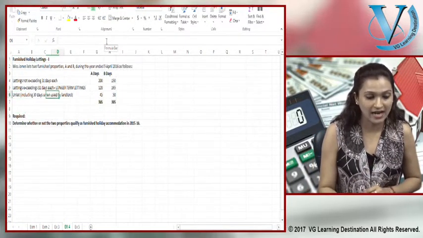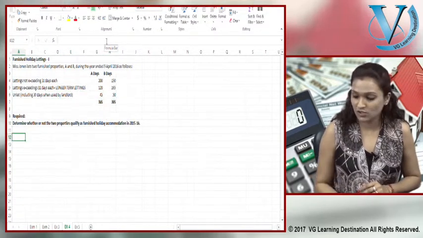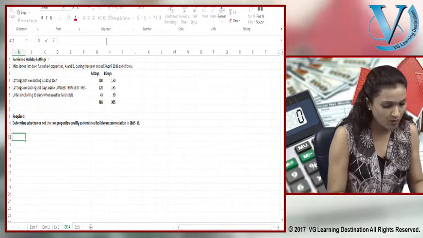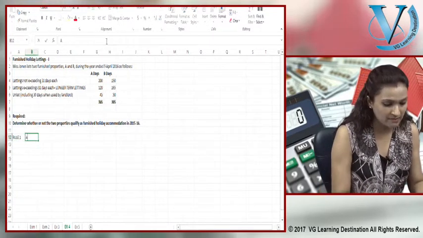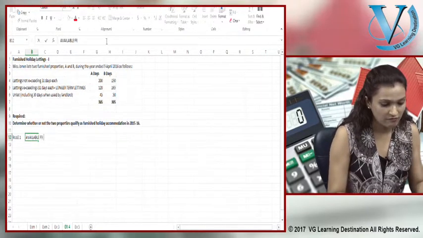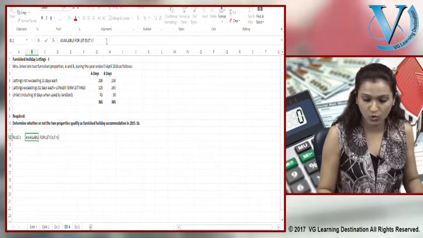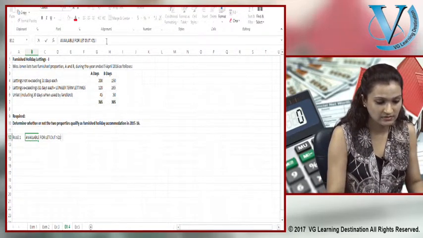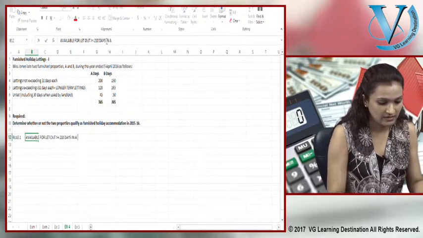One very important thing that you need to note down here is what the rule states. Let's state the rules first, right? Rule number 1 states that the property must be available to be let out for greater than or equal to 210 days in the year.